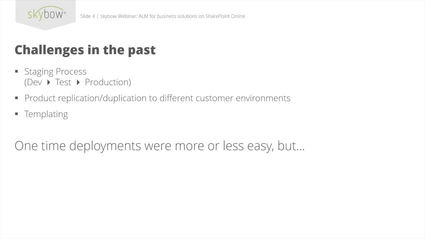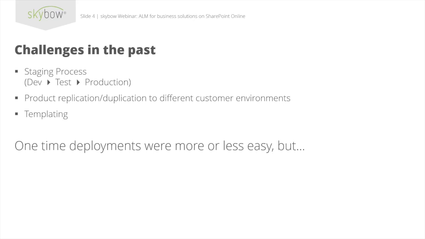But it was always kind of hard. Different tools, and not every tool included really everything, without losing data and so on. So yeah, that was always difficult to achieve.